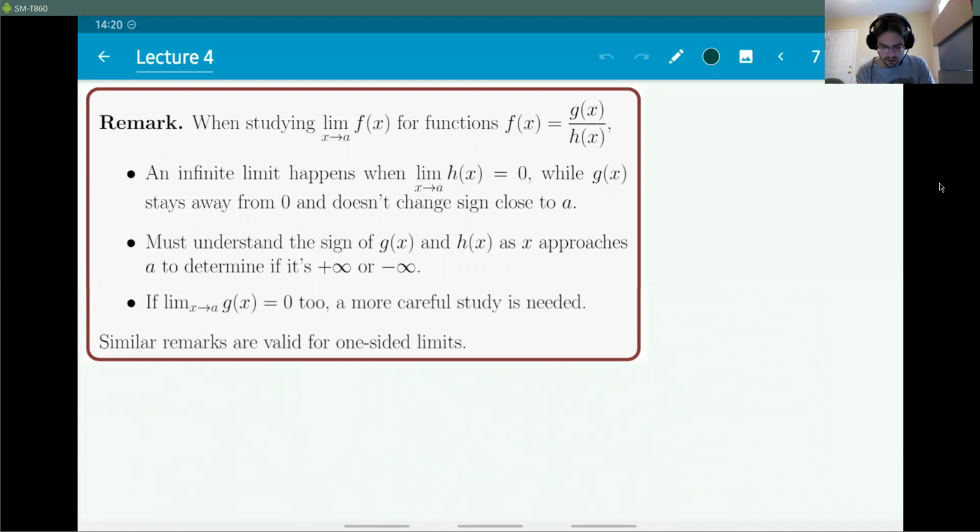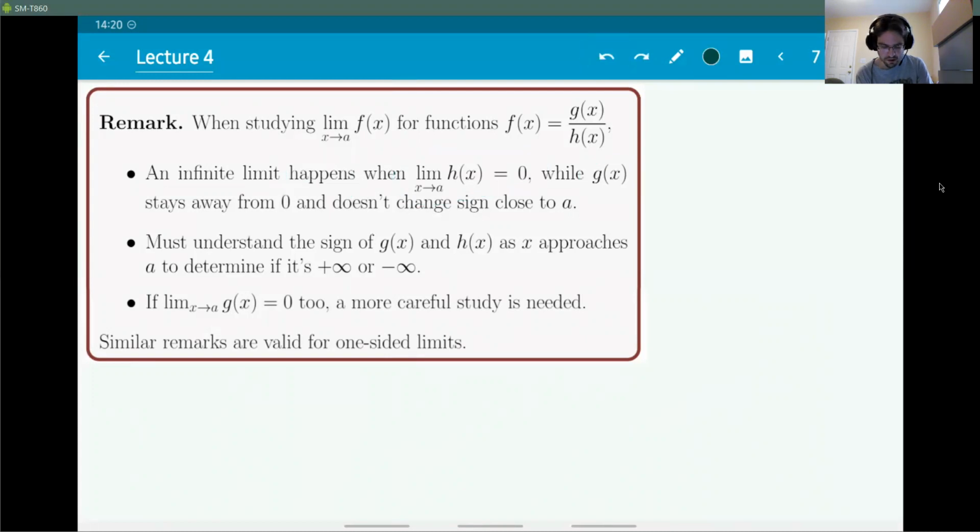So imagine that you're studying a limit of a function f of x of this form, a fraction, g over h. When you're studying limits like this, first of all, an infinite limit can happen. It will happen when the denominator is going to 0, while the numerator is basically not going to 0 and also has a fixed sign.